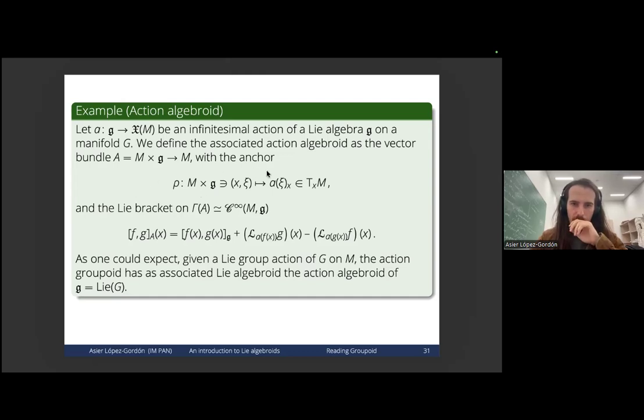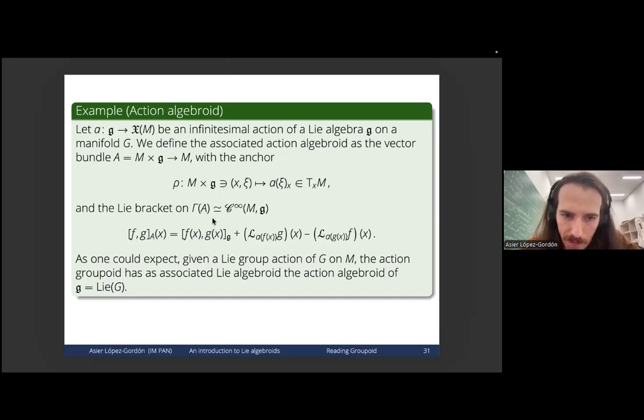The anchor associates to an element of the algebroid, a pair given by a point X on the manifold M and an element ξ of the Lie algebra, the element of the tangent bundle given by the infinitesimal generator of the action of G evaluated at the point X.